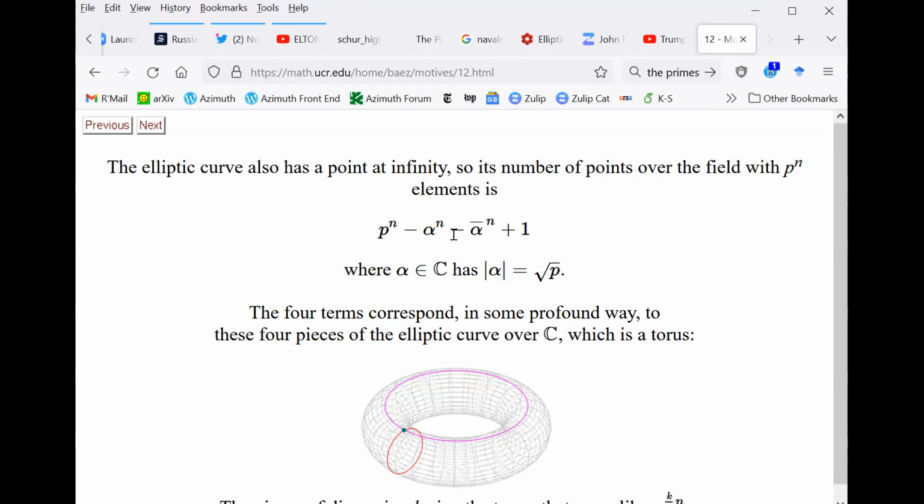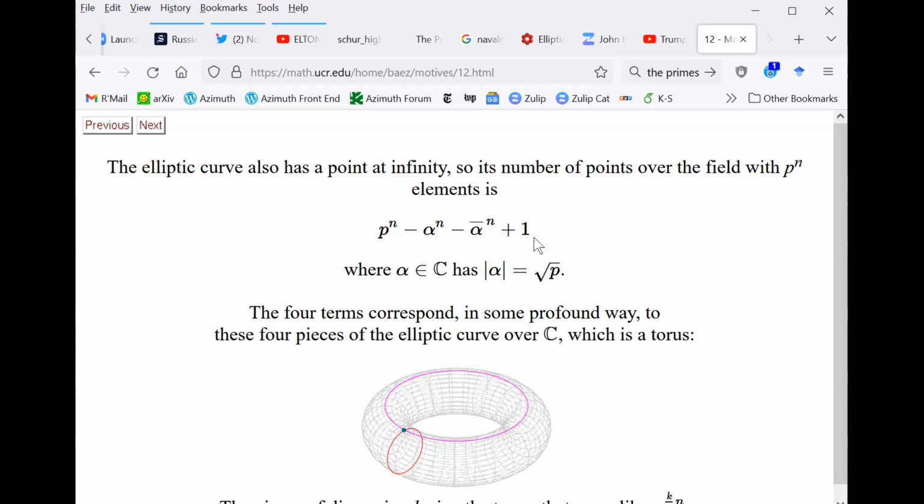In terms of motives, what's going on is that your elliptic curve is breaking up into a direct sum of motives.